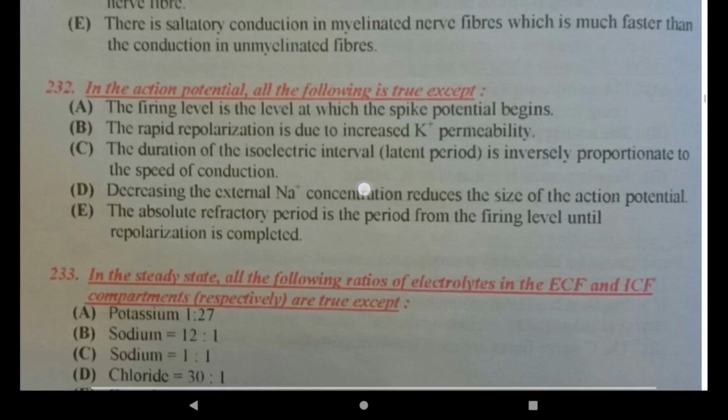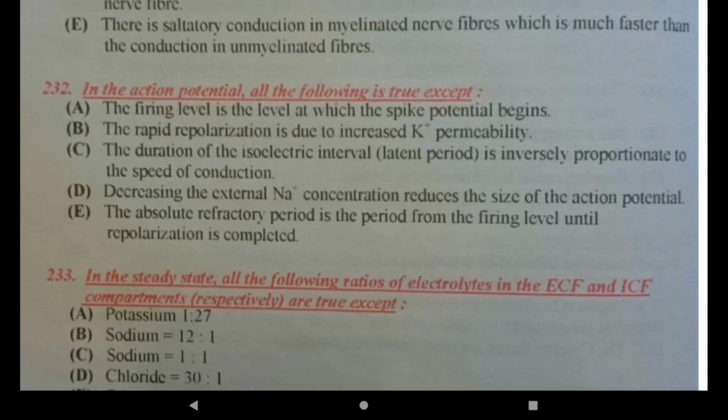The incorrect statement is E. We saw previously that the absolute refractory period is not between the firing level and the peak. Firing level is like the threshold level. The absolute refractory period begins at the point where we have the peak of the action potential, to the point where we have the x-intercept, where we have crossed the x-axis.